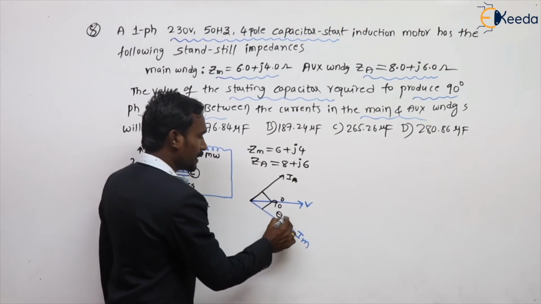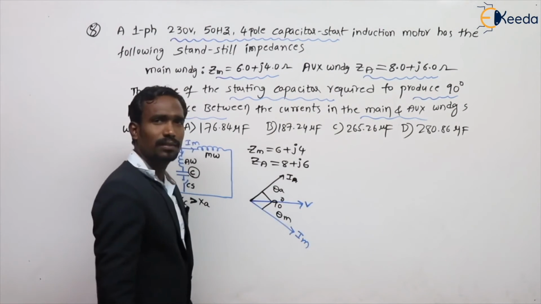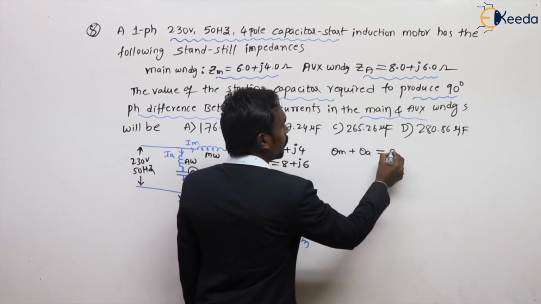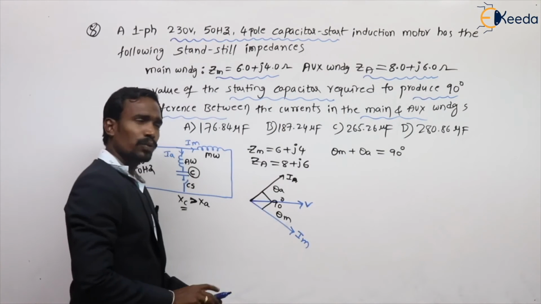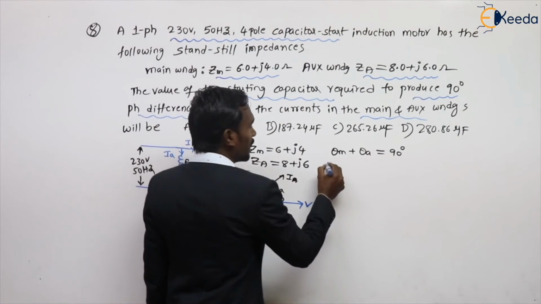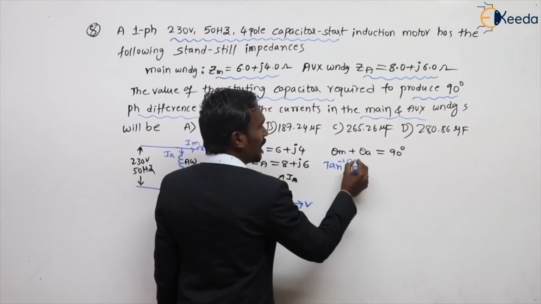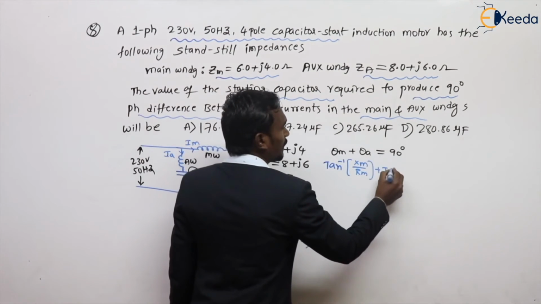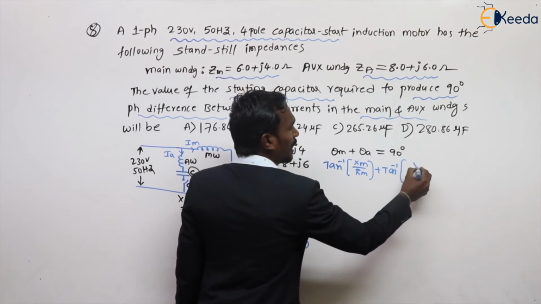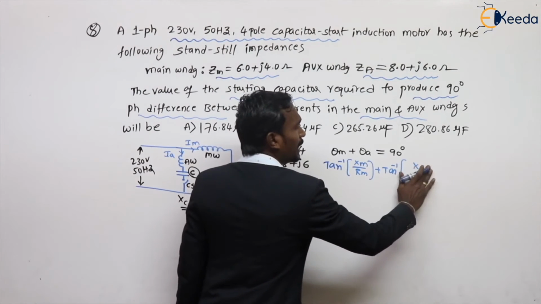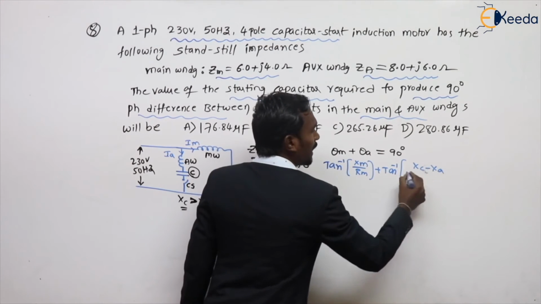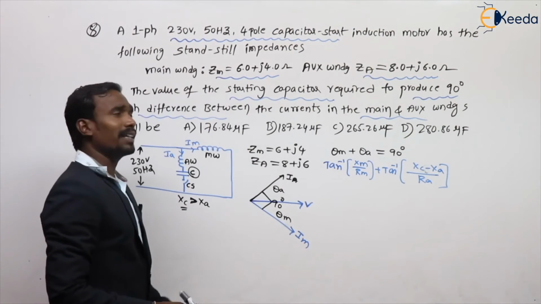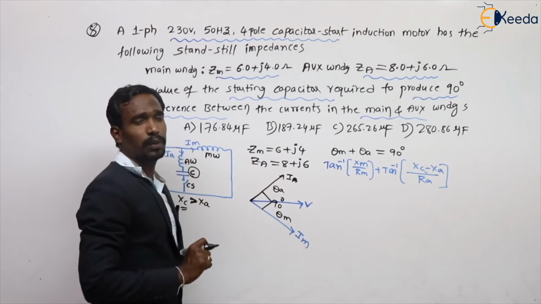For example, this is theta m, this is theta a. Theta m plus theta a should be equal to 90 degrees. Theta m is tan inverse of Xm by Rm, and theta a is tan inverse of (Xc minus Xa) by Ra. Then only 90 degrees is possible.